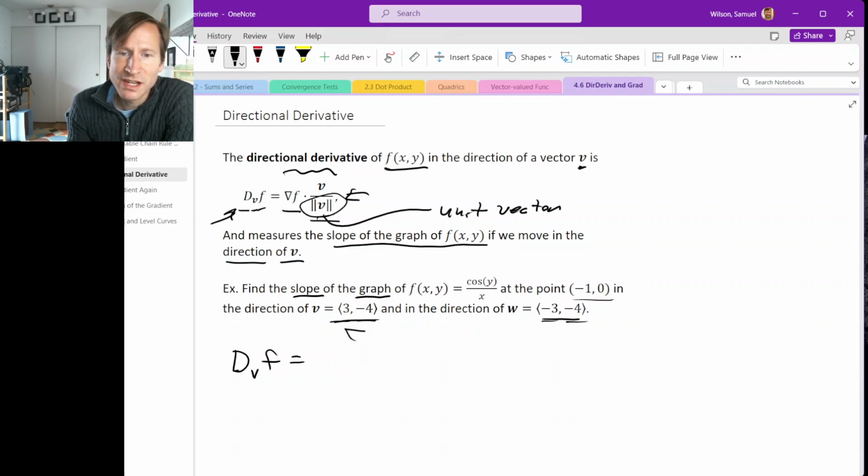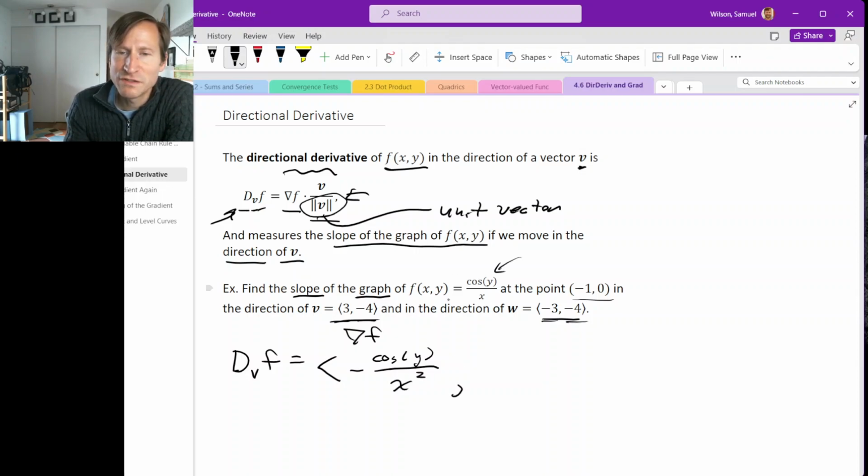So we need to calculate the gradient of f. Partial f partial x is going to be our first factor. The derivative of this with respect to x is going to be minus cosine y over x squared.